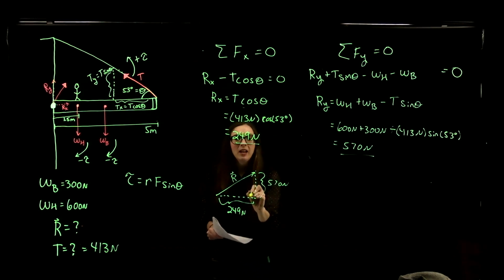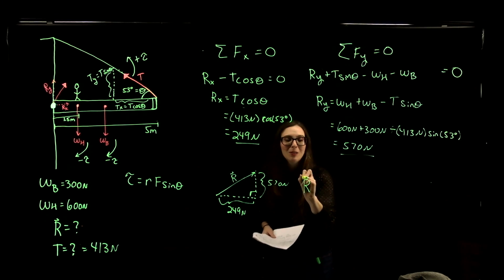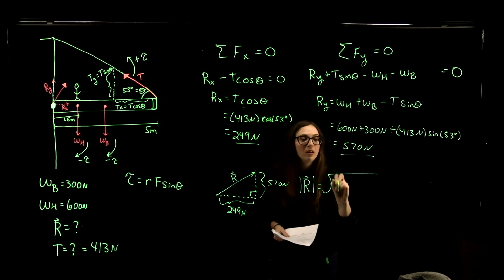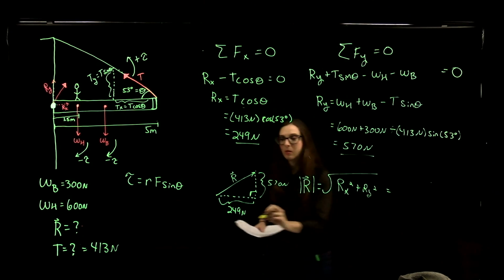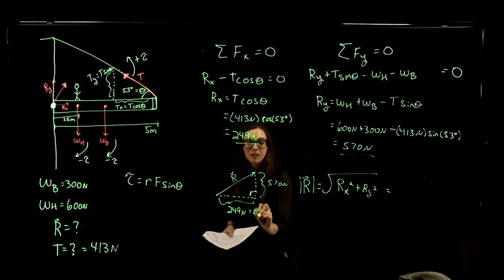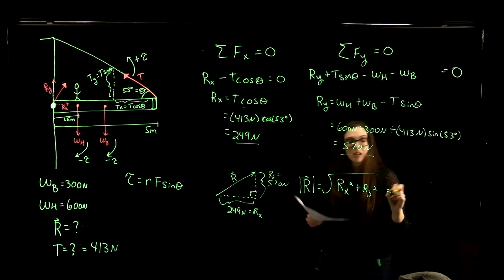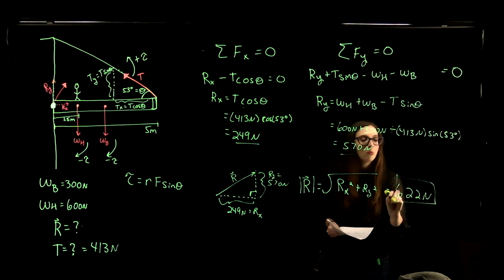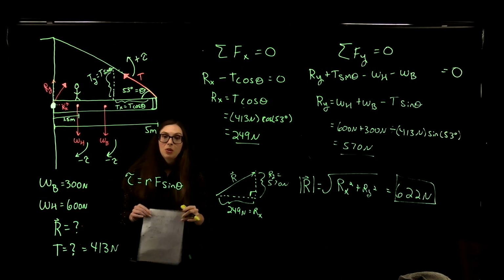And we've got 2 legs of a right angle triangle here. We use Pythagorean theorem to find the magnitude of this force, and that's going to equal the square root of Rx squared plus Ry squared. And so this is our x component, 249 newtons. This is our y component, the 570 newtons. And so that tells us that the total force, or the magnitude of the force that the wall exerts on the beam, is 622 newtons, okay?